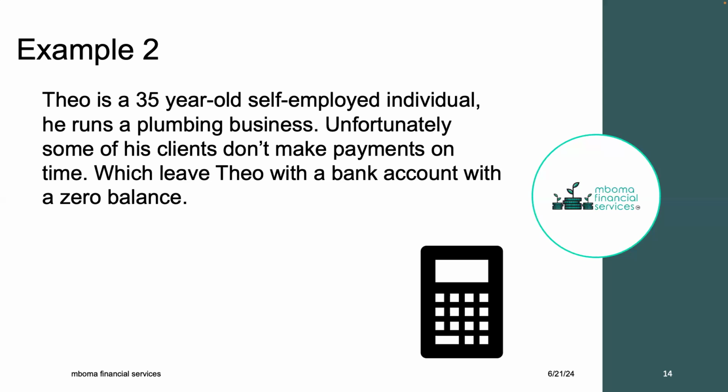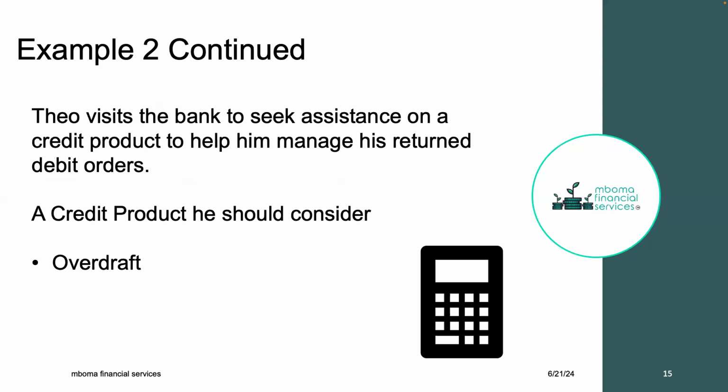So that's the situation Theo finds himself in, and that is why when he visits the bank, I would advise him to rather look at a credit product, which is an overdraft, because the overdraft would serve that very purpose. So he can say to the bank, guys, can you give me an overdraft facility of 5,000 Rand, depending on affordability and depending on the amount of the debit orders that need to be honored.